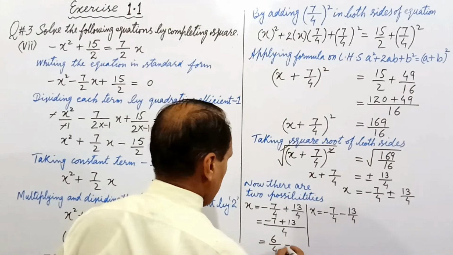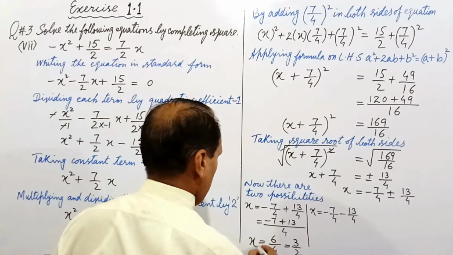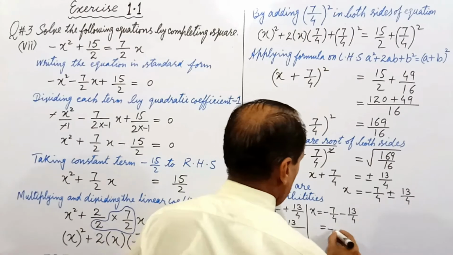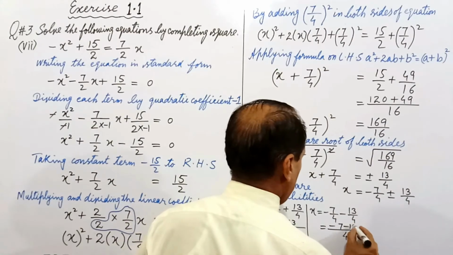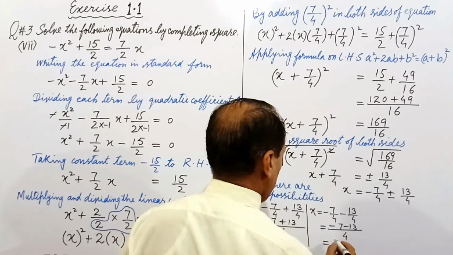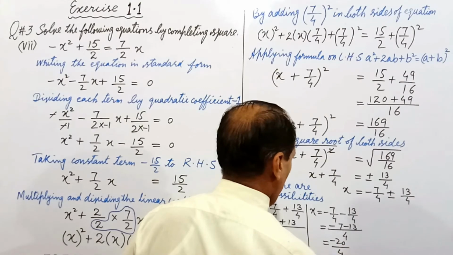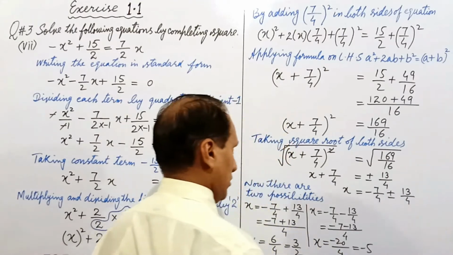By cancellation, we get 3 over 2 as the first root. And for the second, by the standard procedure, we have 4 and we write the numerator as they are, minus 7 minus 13. Minus 13 minus 7, signs are same, we do addition, minus 20 divided by 4, we have minus 5 for the second root.